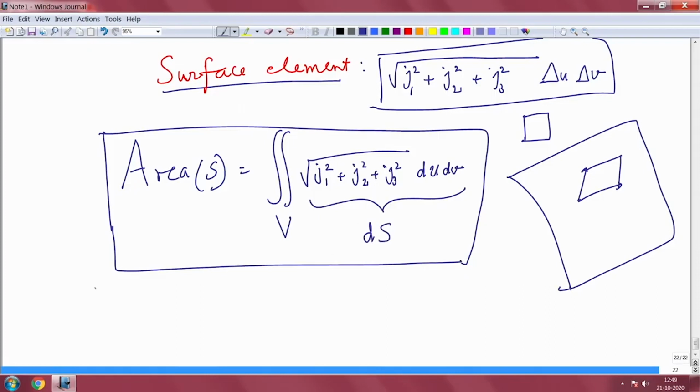If you have a function f defined on S, then I can define what is a surface integral.